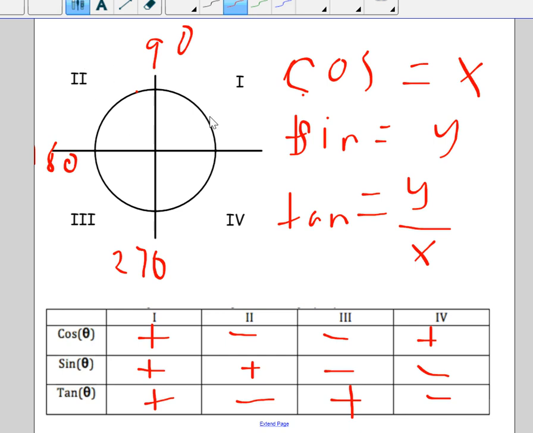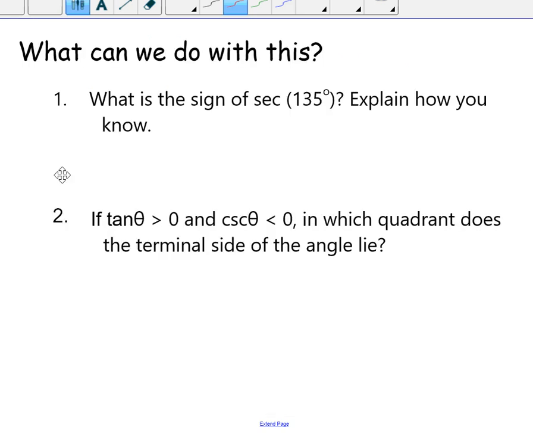And secant is the reciprocal of cosine. So I'm going to look in quadrant 2 and see that cosine is negative. Therefore, secant must also be negative. So I know that the secant of 135 is negative.